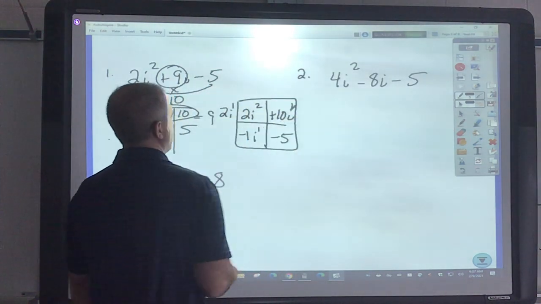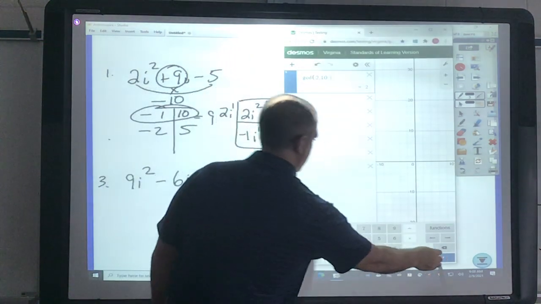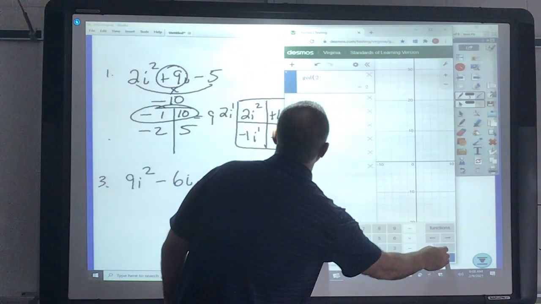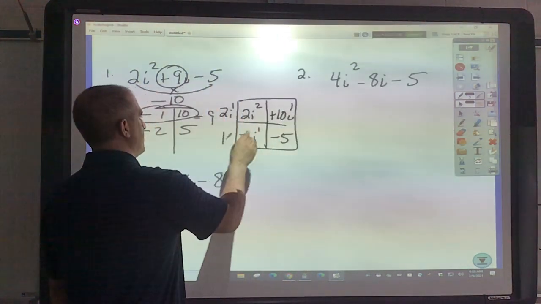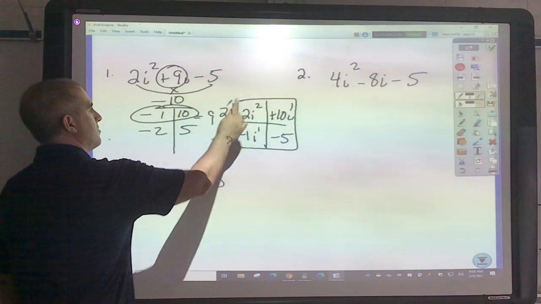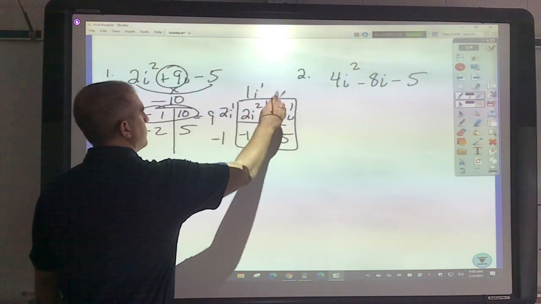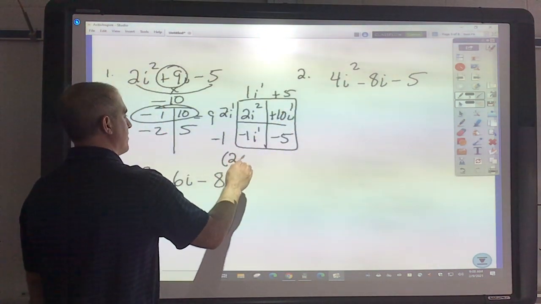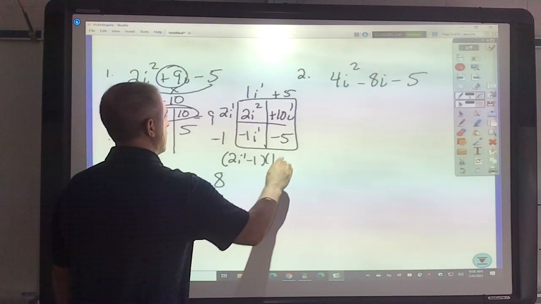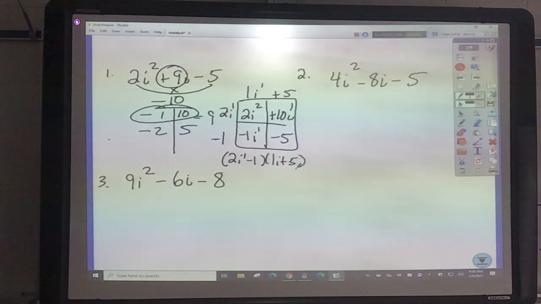All right, and then negative 1 and, or 1 and 5. 1 and 5 would give me 1, since that's a minus, it's a minus. 2 times 1 would give me 2, there's i to the first because they both have i. 2 times 5 would give me 10, they don't have i. So this would be 2i to the first minus 1, 1i to the first plus 5. Okay, no big deal there.